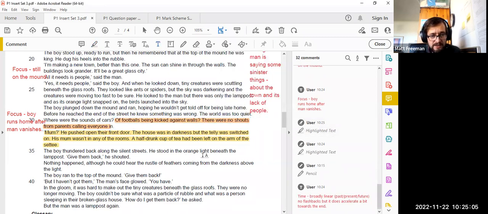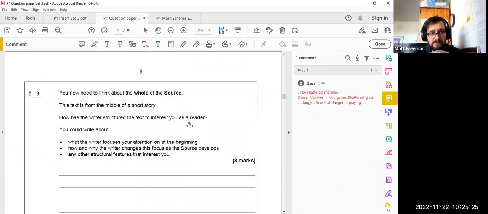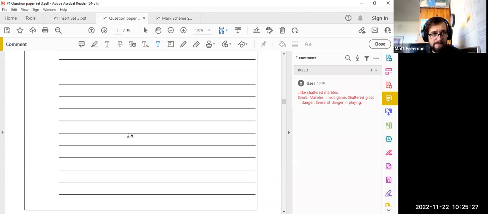Okay, so question 3. So focus, structure. Here the pace increases. And again, I've had another bit of an idea, so I'm going to go back to my question paper and I'm going to make a bit of a note, okay?